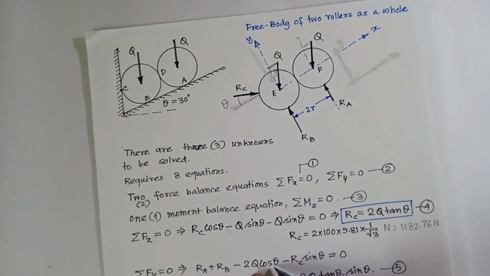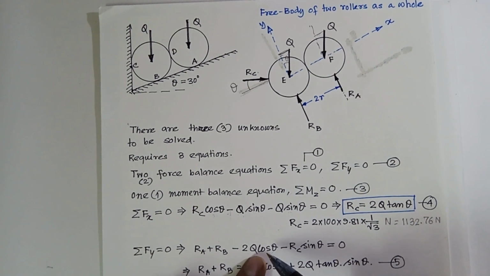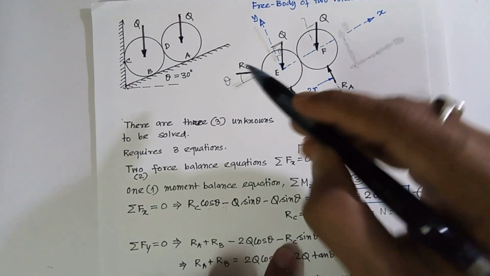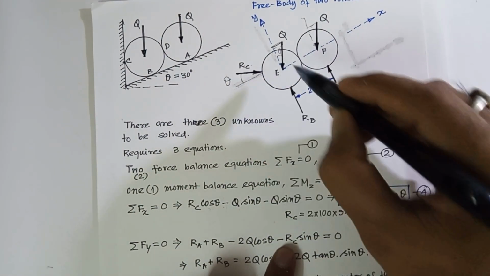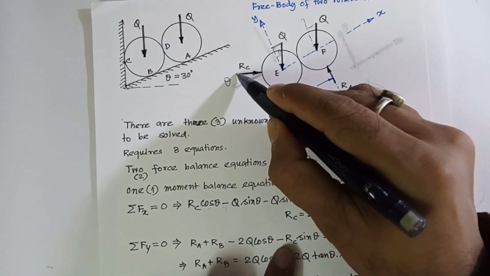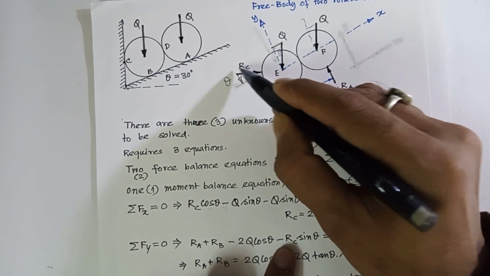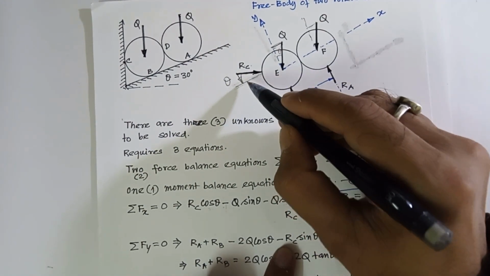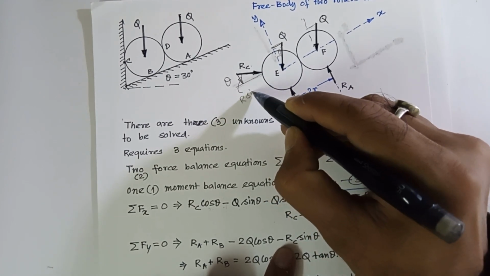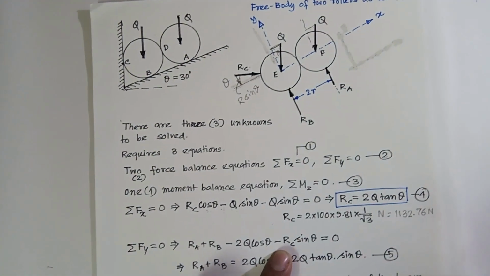So minus 2q cos theta here and RC sin theta, because RC is inclined with the y direction, therefore this part is in the negative y direction, and that is RC sin theta.